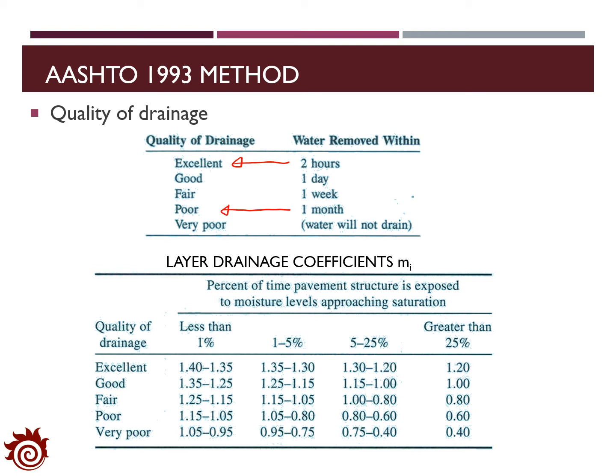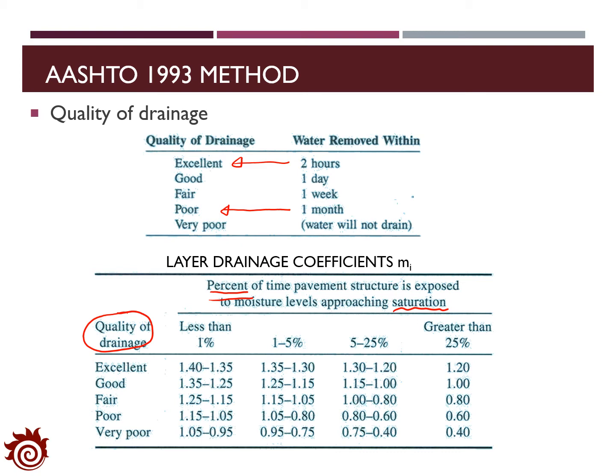And for the estimation of the structural number, the drainage coefficient of the pavement structure should be determined by the quality of the drainage system and the percentage of the time that the pavement structure is exposed to moisture levels approaching saturation.